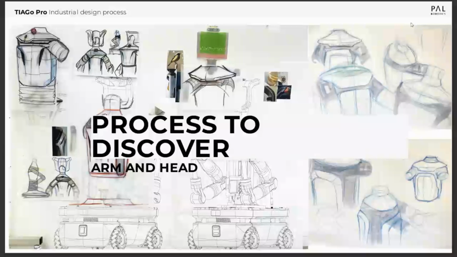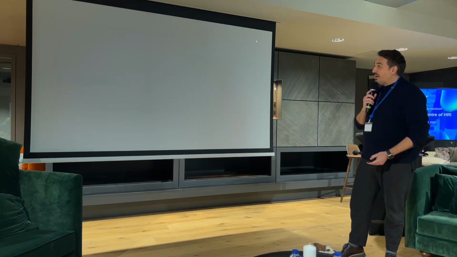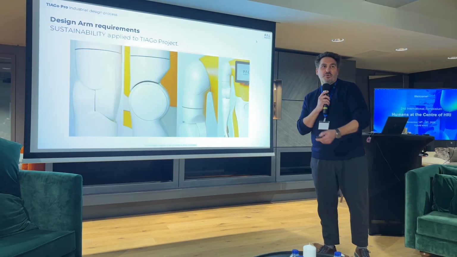I try to explain, for example, the process for the arm and the head, and how I use this. The first thing was trying to redesign the platform of TIAGo. We start from the arm.